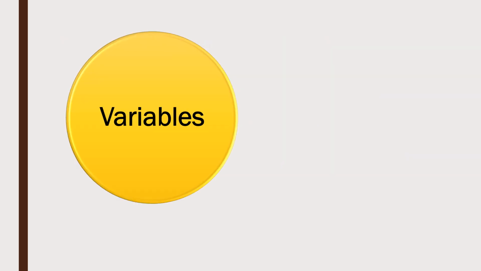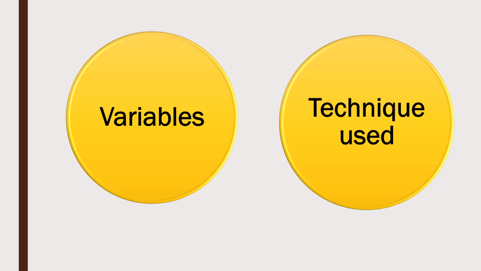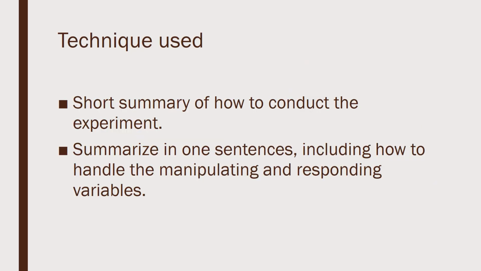Next, we have to identify the variables. But before identifying the variables, we have to know what technique we're going to use. These two go hand in hand. Many students have no idea what the technique used is and they find it very difficult to write.